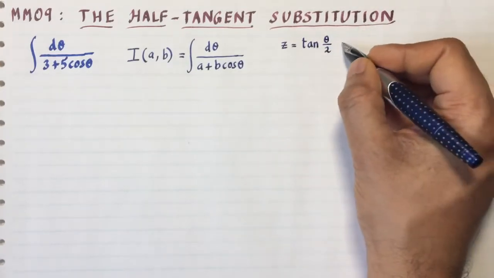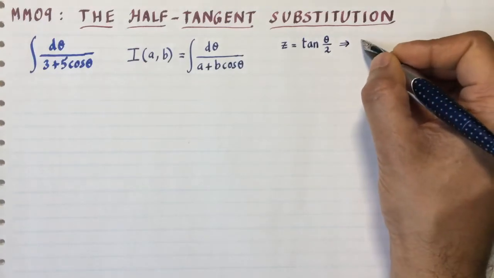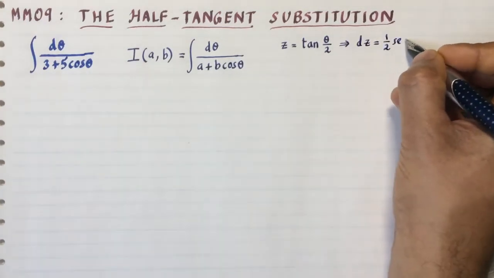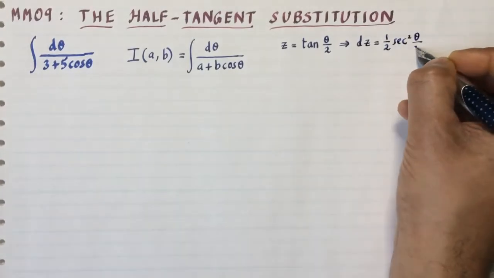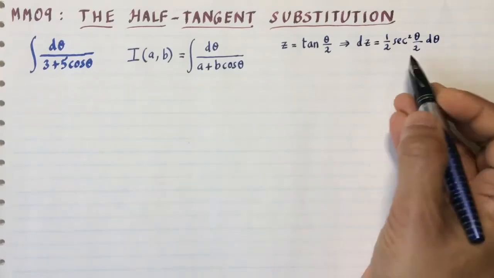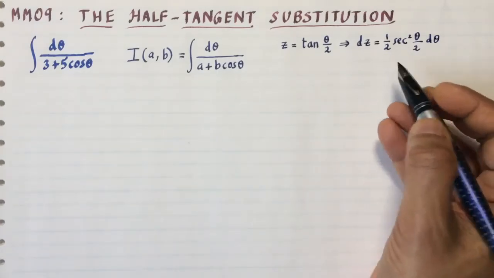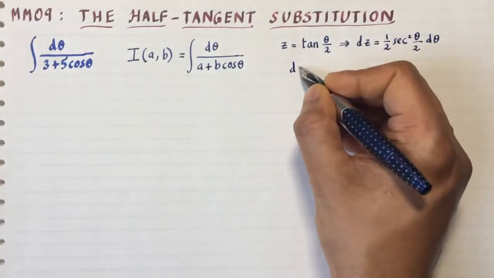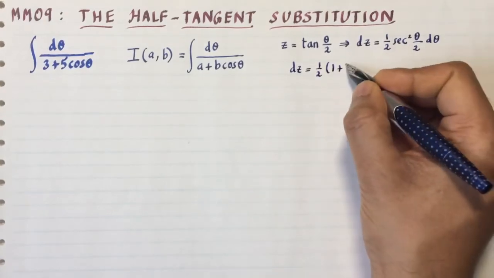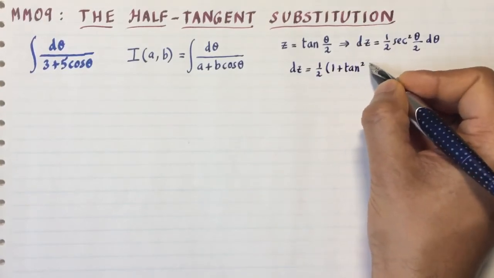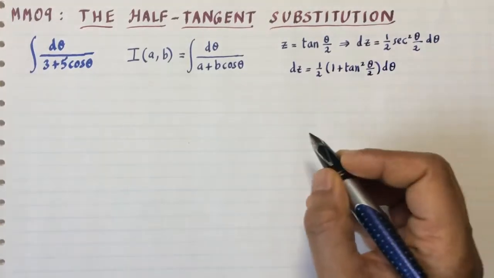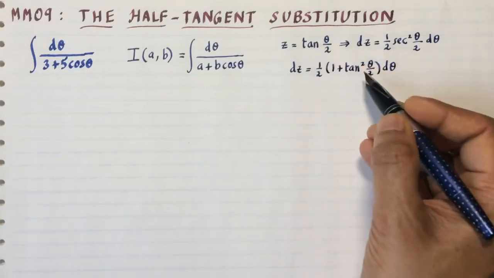Now when you have something like this, I can immediately find what dz is. It's 1/2 secant squared theta over 2 d theta. But secant squared theta can be written in terms of tan squared theta as follows. So dz can be written as 1/2 times 1 plus tan squared theta over 2, d theta, and now I can substitute back what z is.